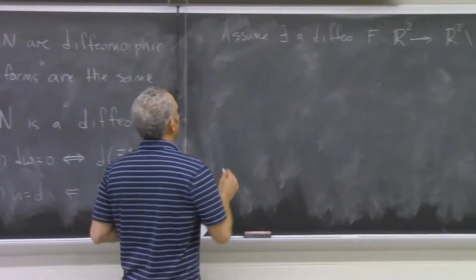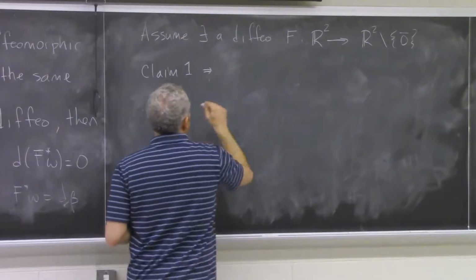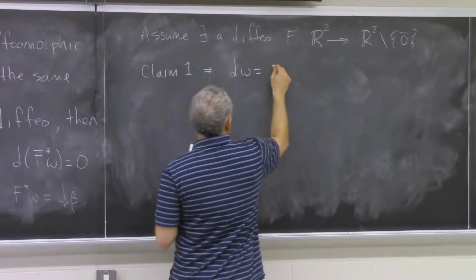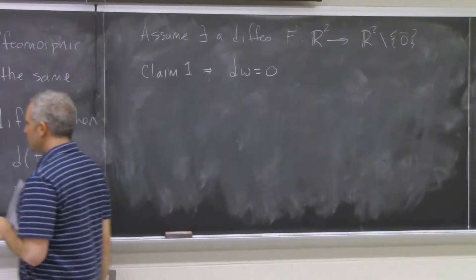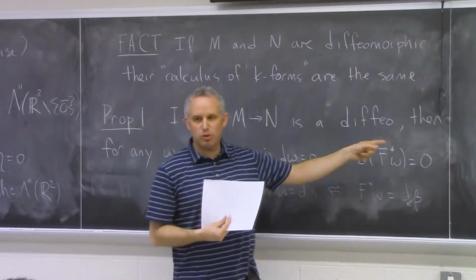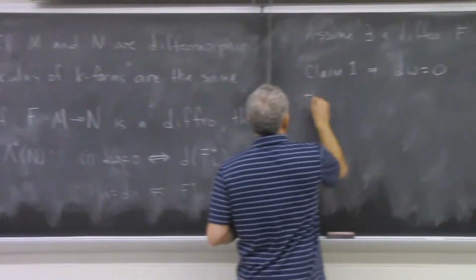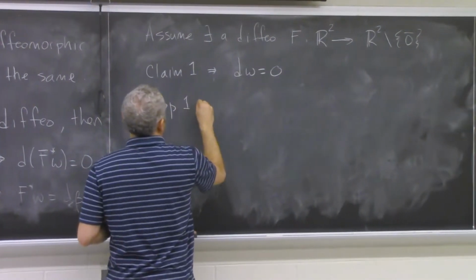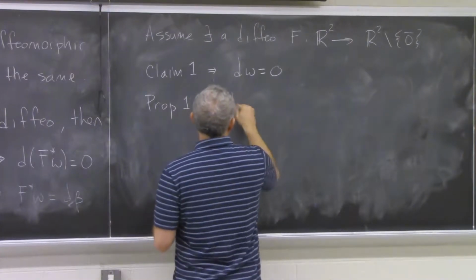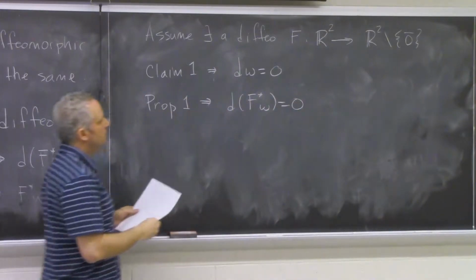All right, so claim 1 tells us that d omega equals 0. And so proposition 1 tells us that d of the pullback equals 0, that is, d of f star omega equals 0.